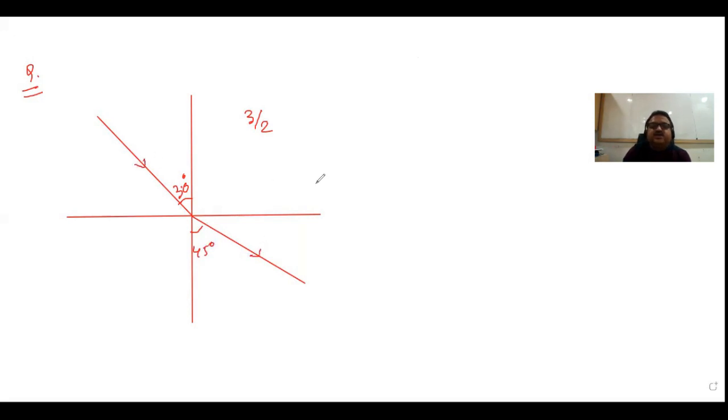So what to find out here? Watch this carefully. You have to find the absolute refractive index of medium 2. The question is, what is mu2? So what to do then? Now apply this formula: mu1 sin I equals mu2 sin R. What is mu1?